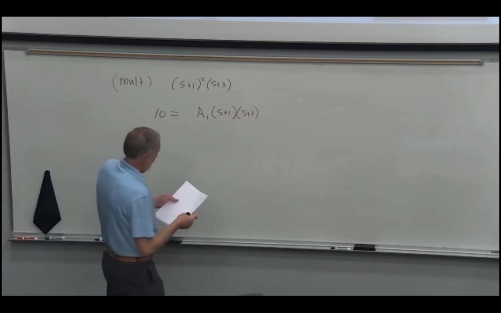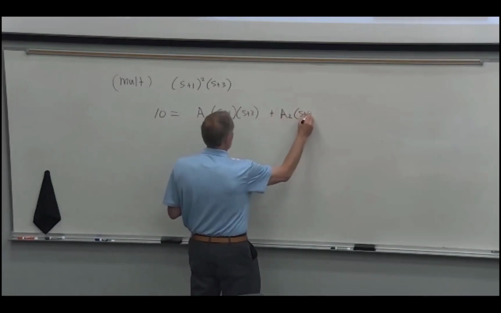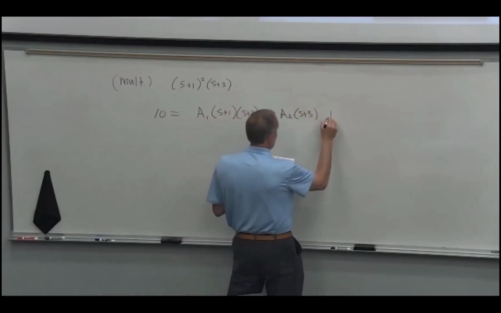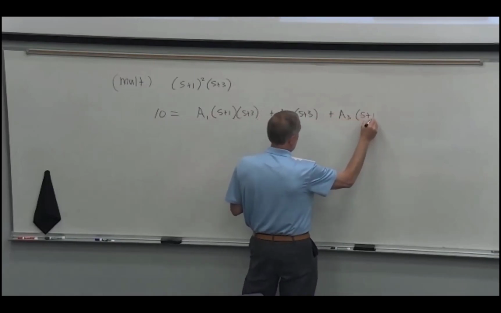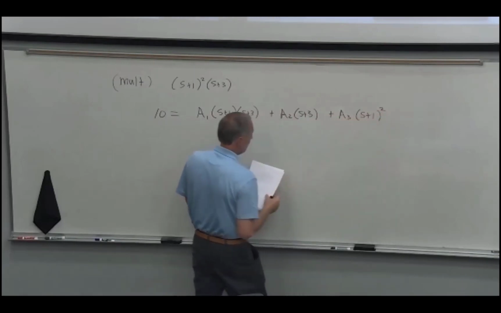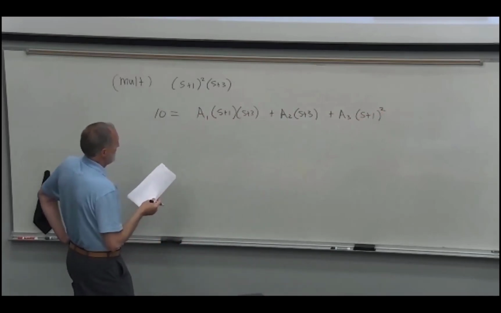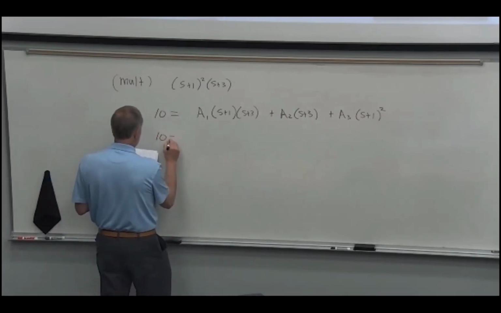Then we get A2, and the (s+1) squared knocks out part of the denominator, so we get that. The (s+3) knocks that out, so we're left with that. So far, so good.